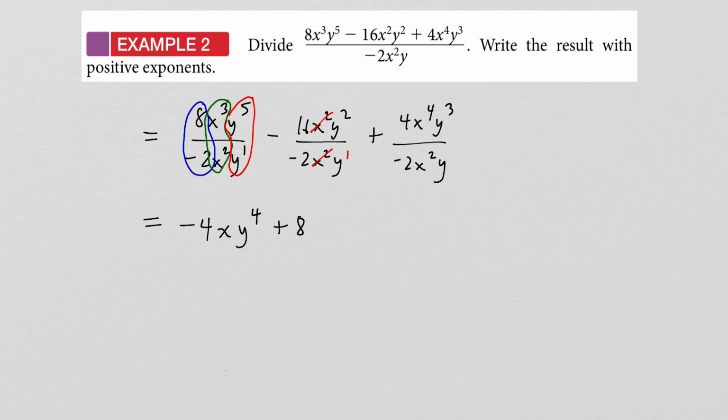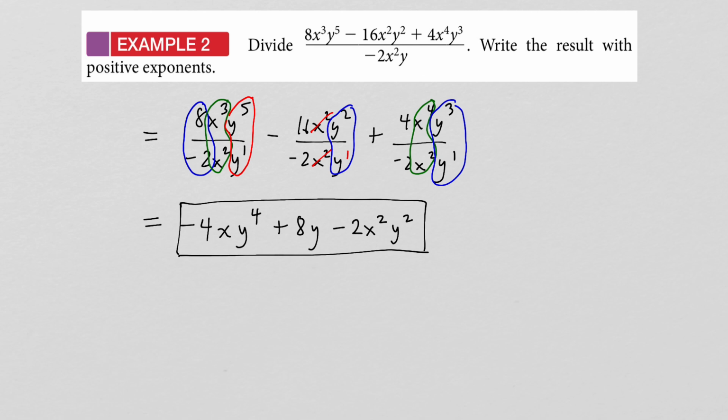And then for the y variable, we have y squared divided by y, which is just y. Next, we have positive 4 divided by negative 2, which is negative 2. X to the fourth divided by x squared is x squared. And y cubed divided by y to the 1 is y squared.